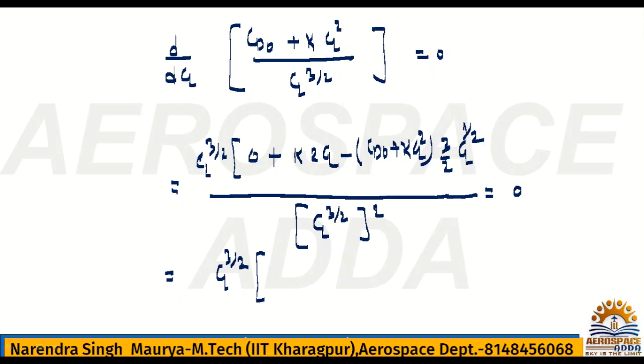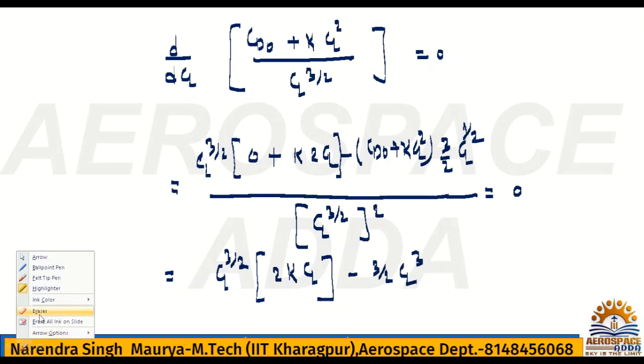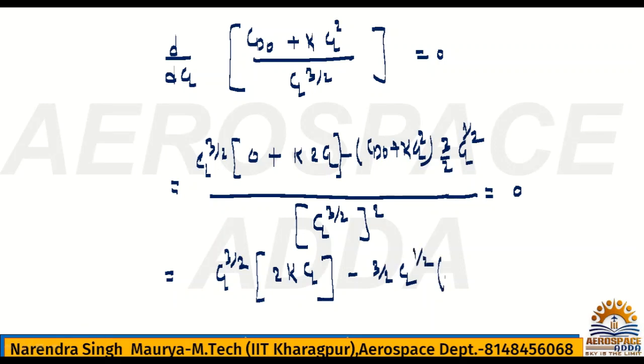Inside, you get 2KCL minus 3 by 2 CL to power 1 by 2 in bracket CD naught plus KCL square, and the right side is 0, so the denominator goes to 0 only.